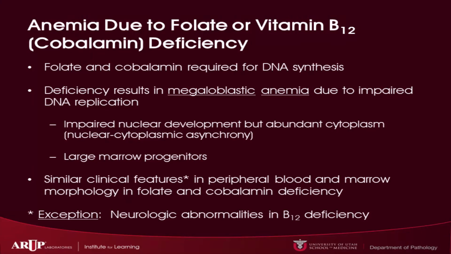So if there is a deficiency of either folate or vitamin B12, it causes problems with DNA synthesis. As we might recall, DNA synthesis is not only important for red blood cell precursors, it's important for all the cells of the human body.